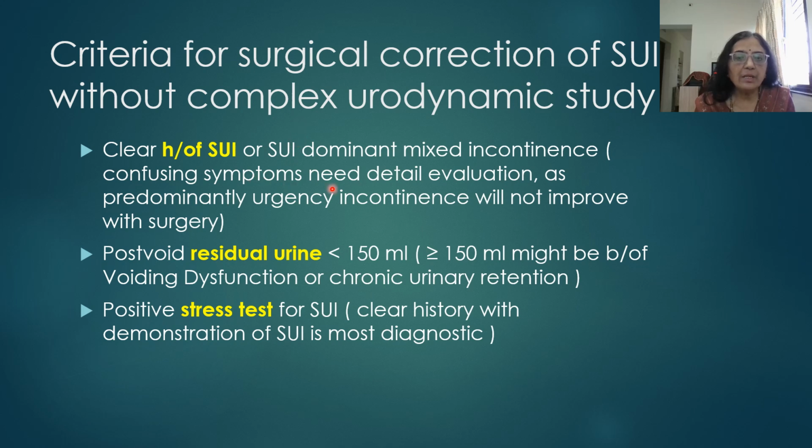If confusing symptoms are there, then it needs a detailed evaluation, as predominantly urgency incontinence will not improve with surgery. That is why, if symptoms are confusing, we have to proceed with this complex urodynamic study. Clear-cut symptoms of SUI, there is no need.